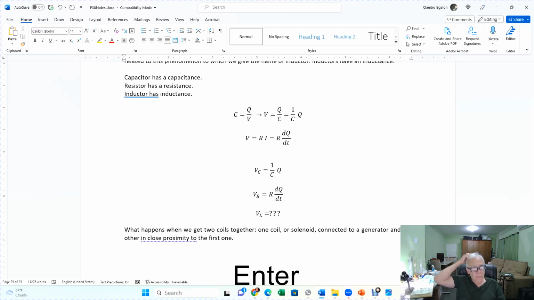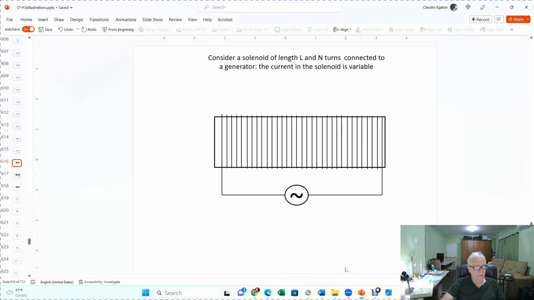Okay? So that's the illustration that I have here. Here you go. That's the symbol of the generator.